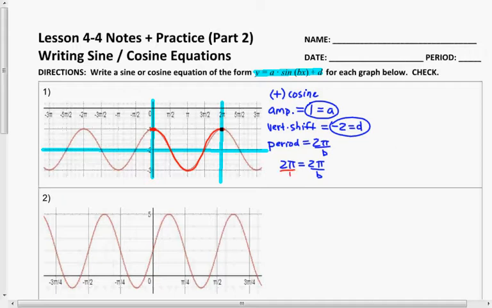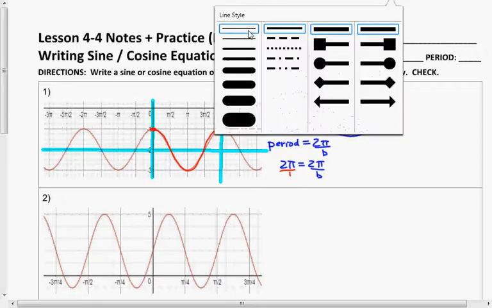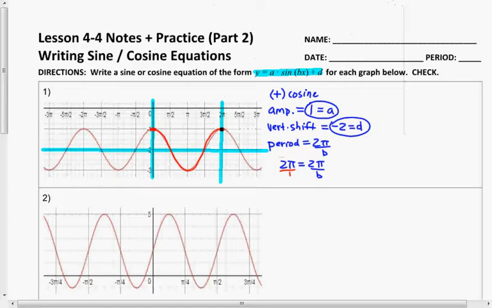Right, this one's not difficult. Some of these will be much more difficult than this. This one, you could do the cross products thing, or you could just say B is 1. I mean, technically, you could say 2 pi times B equals 2 pi, B equals 1. All right, to write these equations, you need to know if it's positive or negative, sine or cosine, and you need to know A, B, and D, and we know all of those things, so now we can write the equation.